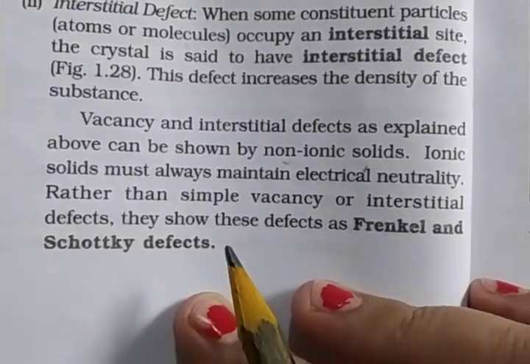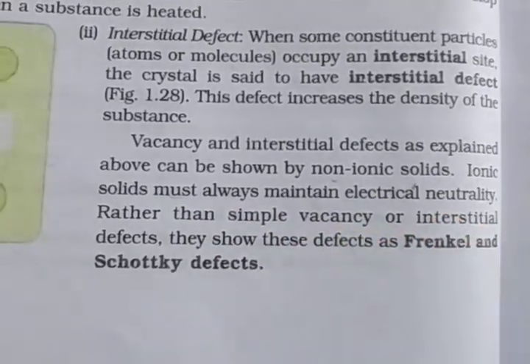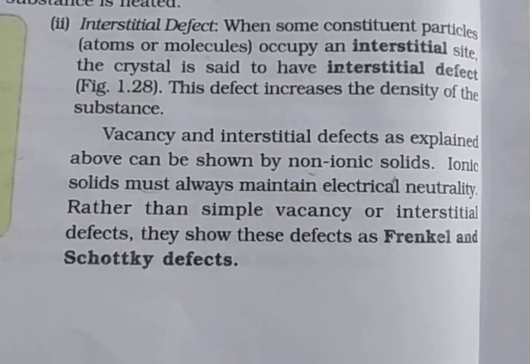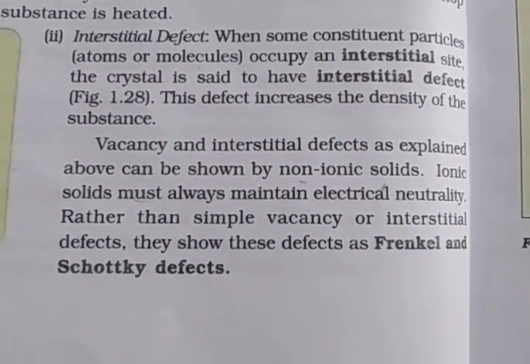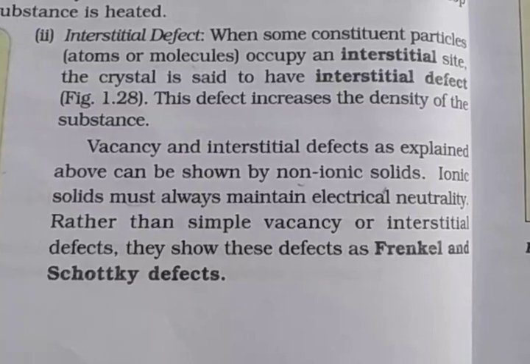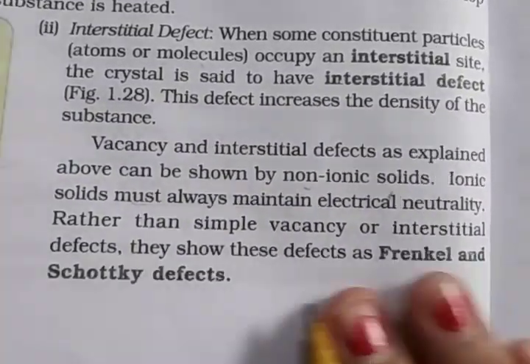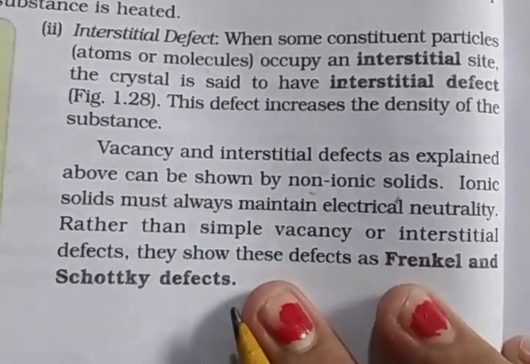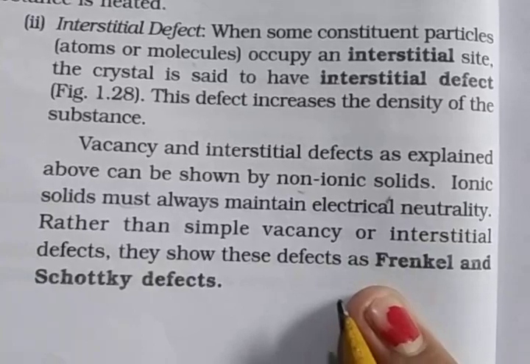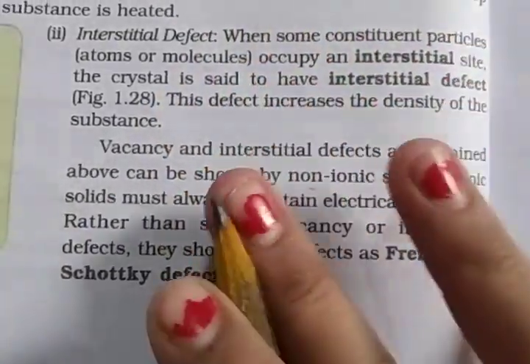So two defects are also created from the vacancy and interstitial defects. Vacancy and interstitial defects are explained for non-ionic solids, and ionic solids must always maintain electrical neutrality, so they show these defects as Frenkel and Schottky defects. So let us start. First vacancy, then interstitial.